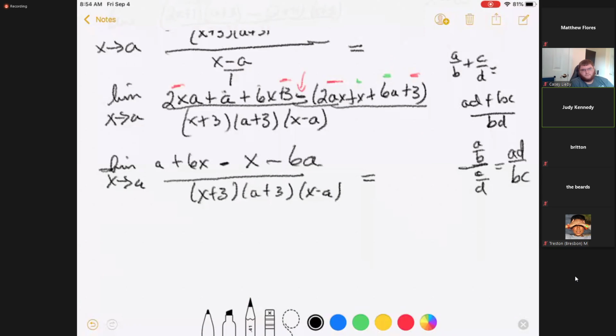Let's see, I could go two ways here. Why don't we combine the a's and the x's? I've got a minus 6a is minus 5a. And 6x minus x is plus 5x.